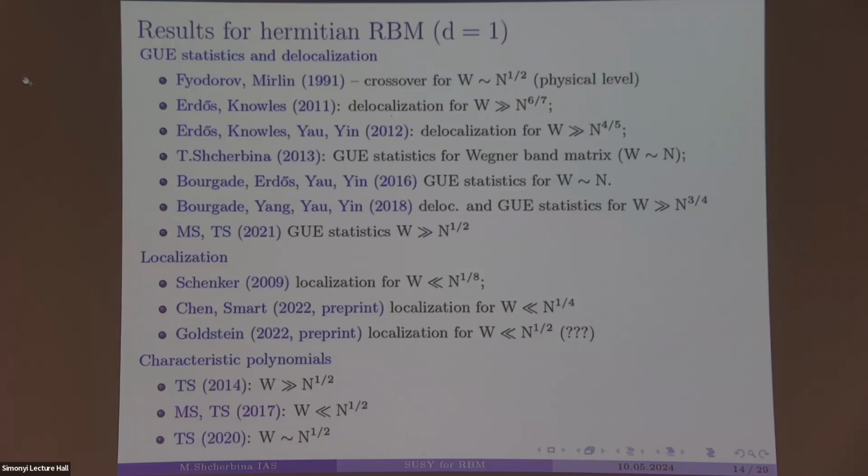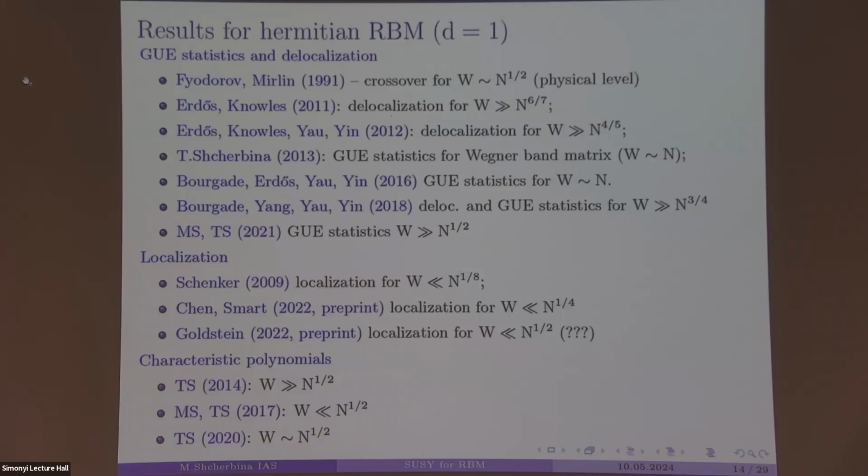As for localization, there is a rather old result of Schenker, done in a very different way from ours. They proved localization first for W much less than n^{1/8}, then Chen and Smart, in a recent preprint, proved localization for W less than n^{1/4}, and I would like to mention also a preprint of Goldstein.